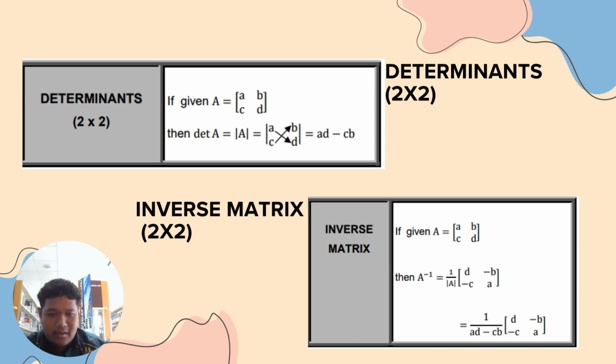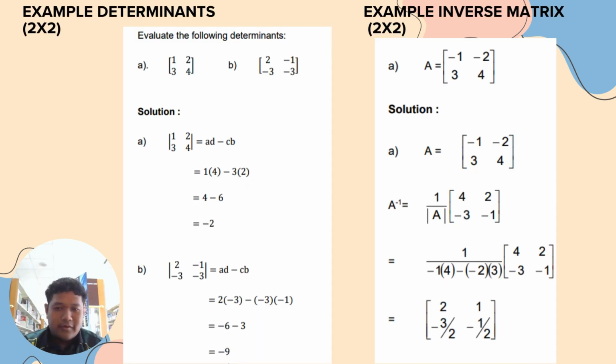The result is 1 over AD minus CB multiplied by D, negative B, negative C, A. So this is an example question for determinant 2 by 2 and an example question for inverse matrix 2 by 2.